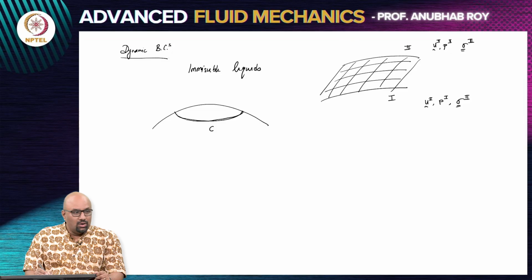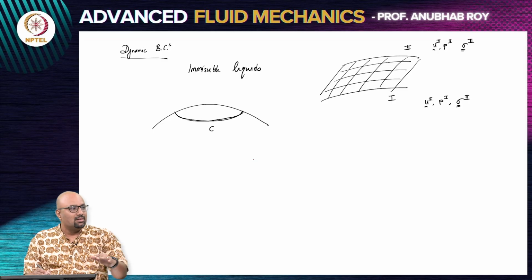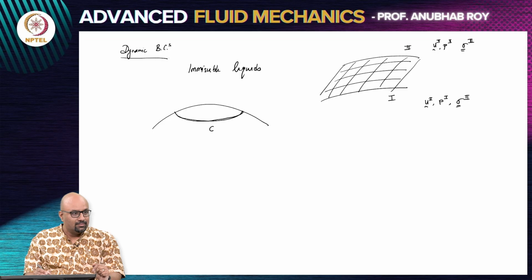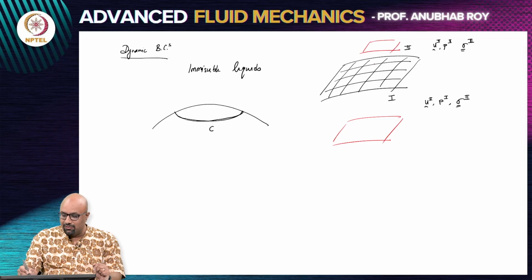If I want to do a force balance, what is so special about the interface that is different from any other surface in the bulk? So let's say in region 1, I draw a fluid surface. Similarly, in region 2, I draw a fluid surface. What is so unique about the boundary of regions 1 and 2 compared to any other surface that is embedded entirely in region 1 or region 2?